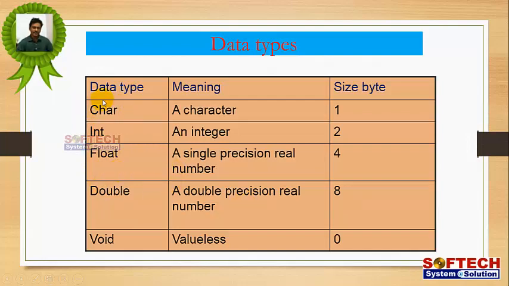Char is a data type name, defined as a character. It is a keyword, a compiler word, like float, double, void. So char means character. If we want to store a character, it may be an alphabet, digit or special symbol. To store or handle a character, the char data type helps.